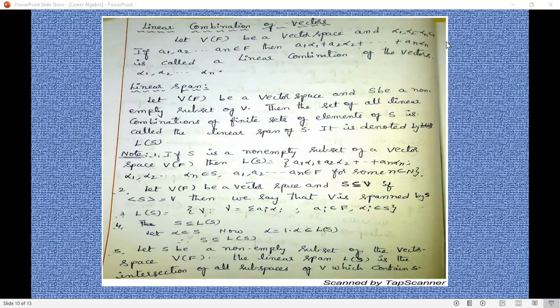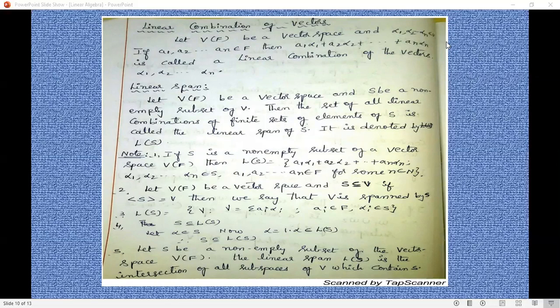We already discussed that linear combinations mean the vectors and the scalars are multiplied, using the closure property, and all the products are added. Then it is denoted by L of S.